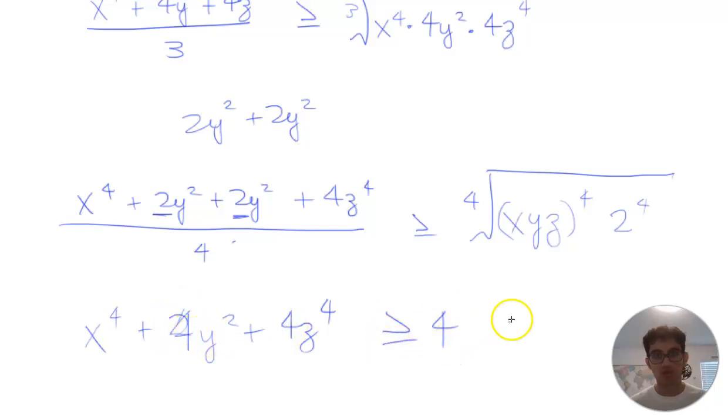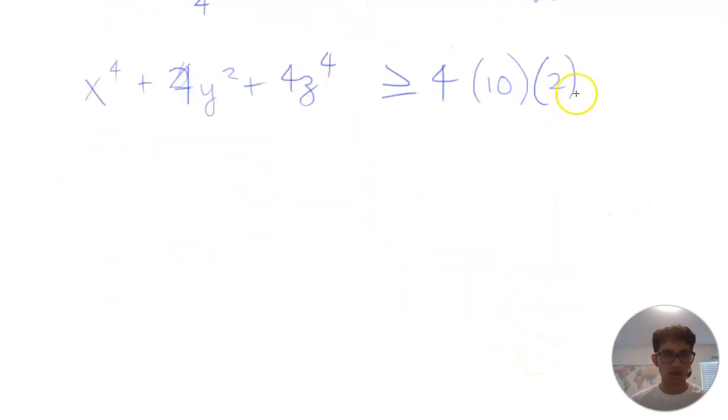It's greater than or equal to 4 times, well, what's this going to be? It's going to be the magnitude of xyz, but we know that that's already 10, right? That's given in the problem, times 2. And so what's that? That's 80, right?